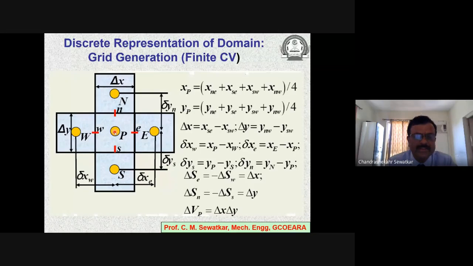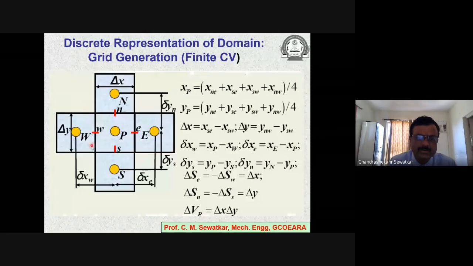Now, how do I find the x coordinate of the cell center under consideration, for example x P? I know where I have drawn vertical and horizontal lines, so I know the x coordinates of all 4 vertices: the northeast vertex, northwest vertex, southwest vertex, and southeast vertex.